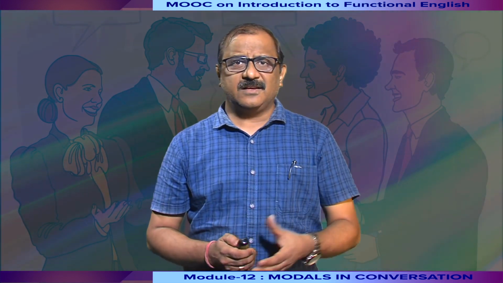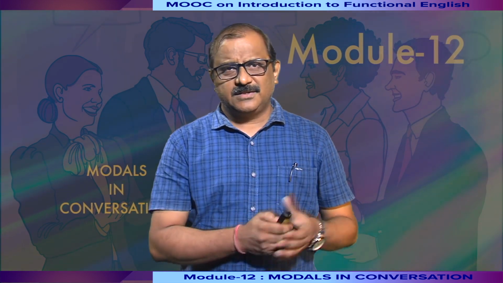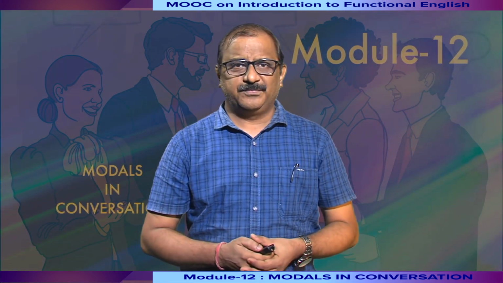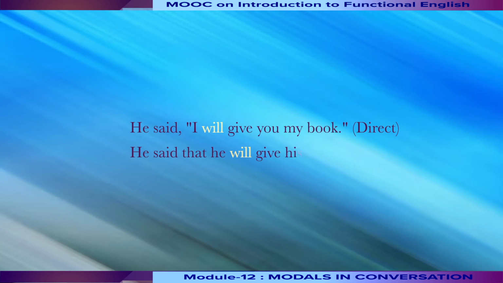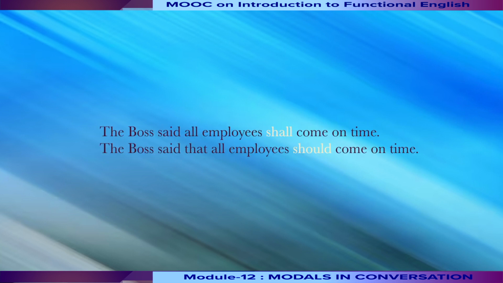Now take these sentences, transformation from direct to indirect. He said, I will give you my book. Indirect, he said he would give his book. Direct, the boss said all employees shall come on time. Indirect, the boss said that all employees should come on time. Okay, so in these cases, should and would are past equivalents of shall and will.